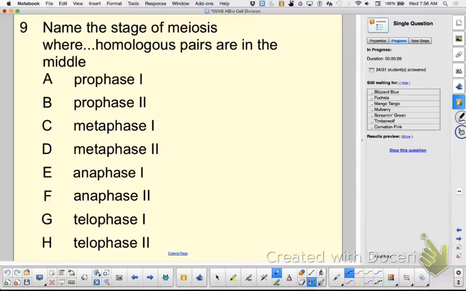What directs you to which part of PMAT you're at? Prophase, metaphase, anaphase, telophase, PMAT, what you don't want your dog to do. Those puppies, don't pee on the mat.